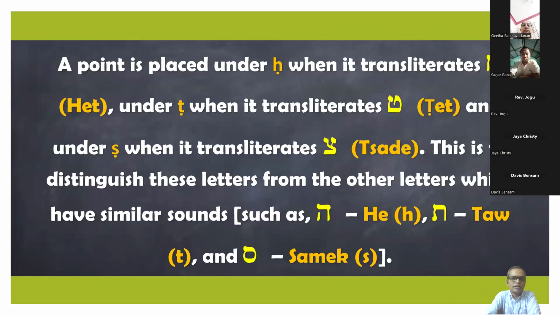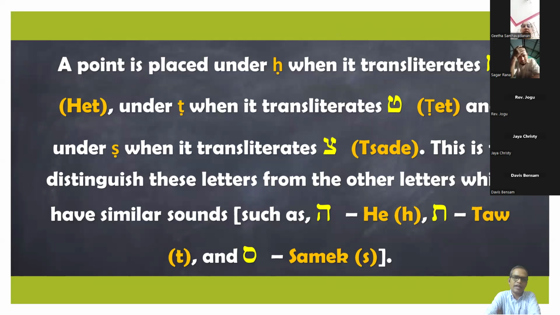Now, some of the transliteration differences that we had are explained here. A point is placed under H when it transliterates Chet.